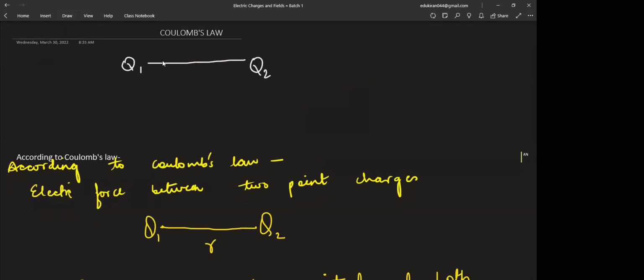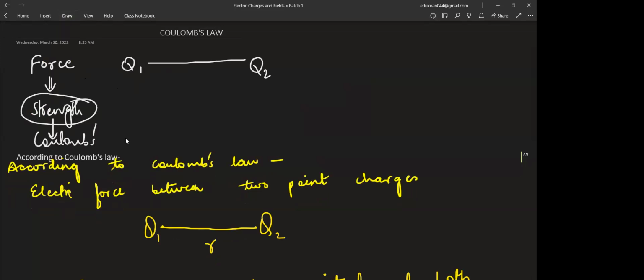The force they are producing has to have a certain strength, how much the force is being applied. That strength's value is calculated through a law which we call Coulomb's law, the forces of attraction or repulsion between the charges.